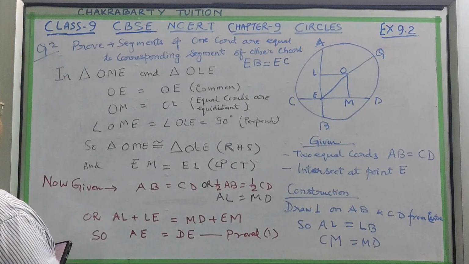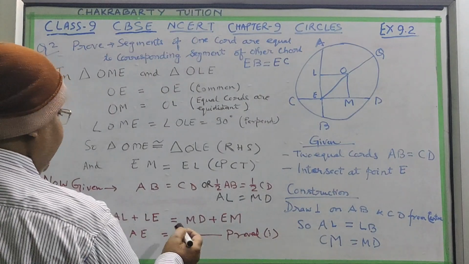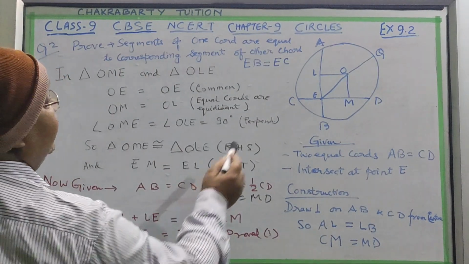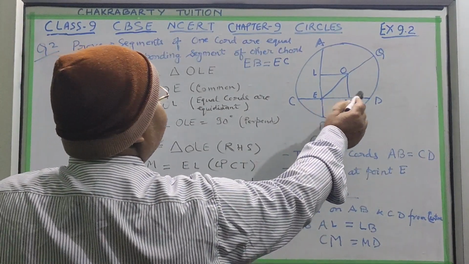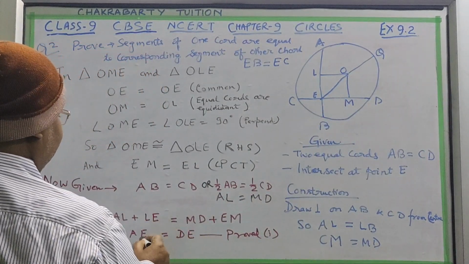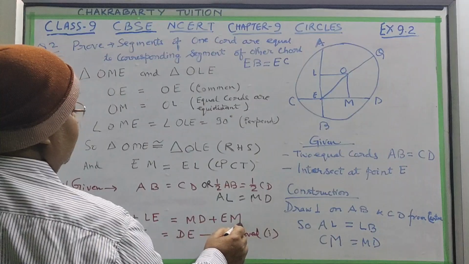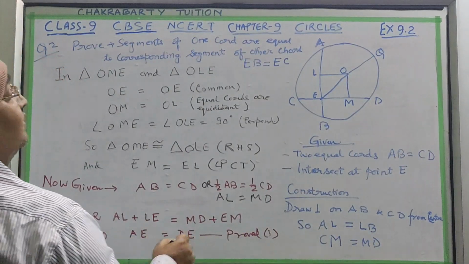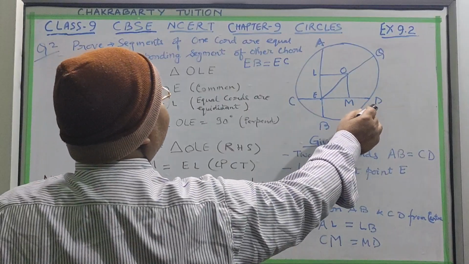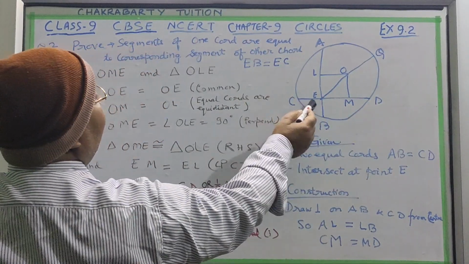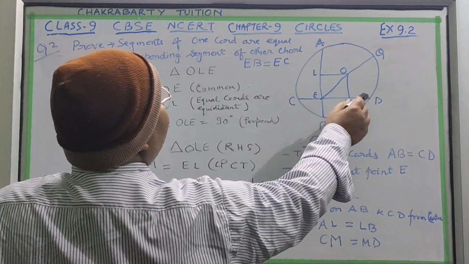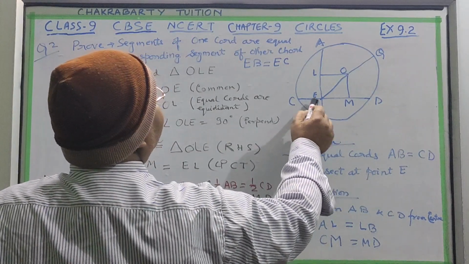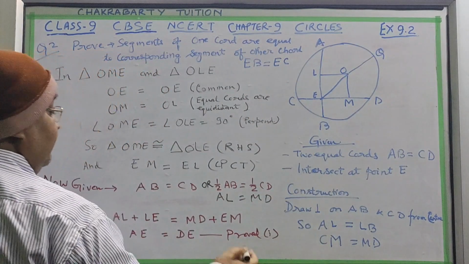It is also a postulate. So these two lines together we can write as AE, and these two lines as DE. So AE is equal to DE. We have proved one part of the chord is equal. Now only this part, EB, we have to prove.